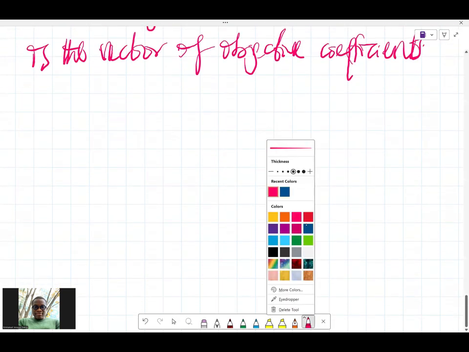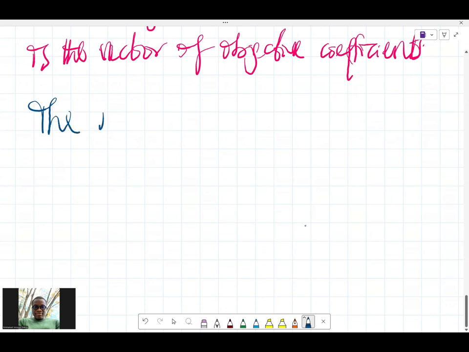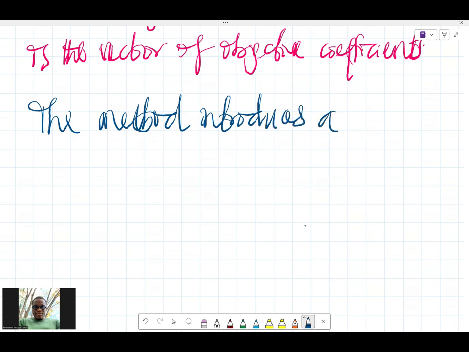Okay. Now, the method introduces a barrier function. I think we're still going to talk about penalty and barrier methods later.